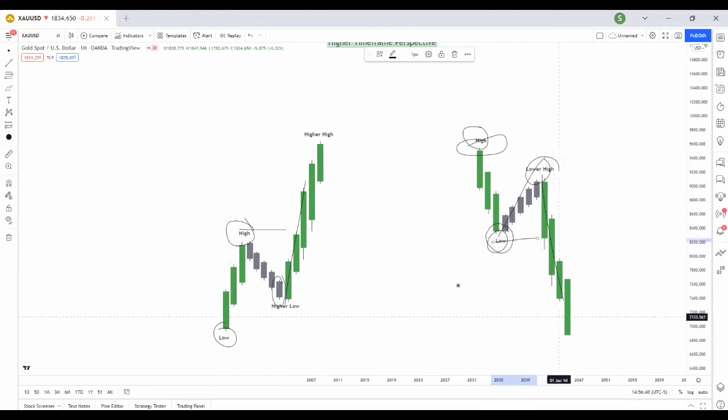After taking out that low, you patiently wait for the market to return and you mark the last up candle before the strong push to the downside as your supply zone. When the market enters this territory of supply, you move to a small time frame, look for your break of structure, and look for your supply zone or demand zone on the small time frame. You enter your trades and wait for the market to hit your target. Simple as that.